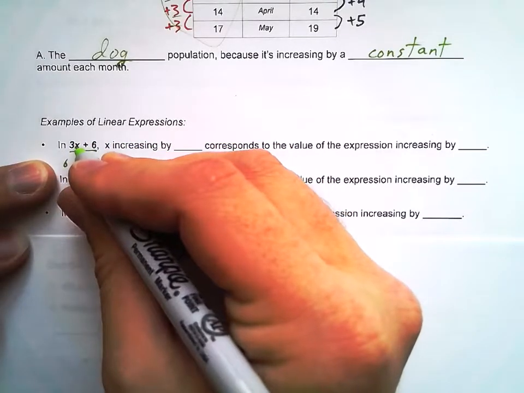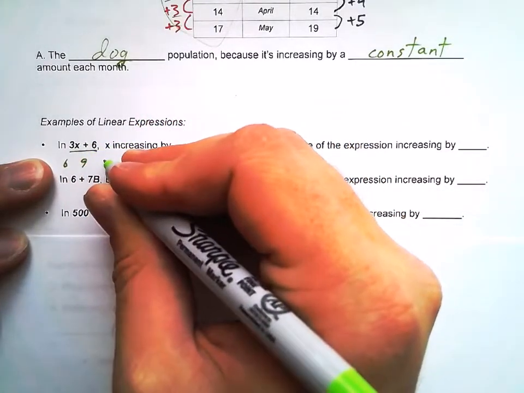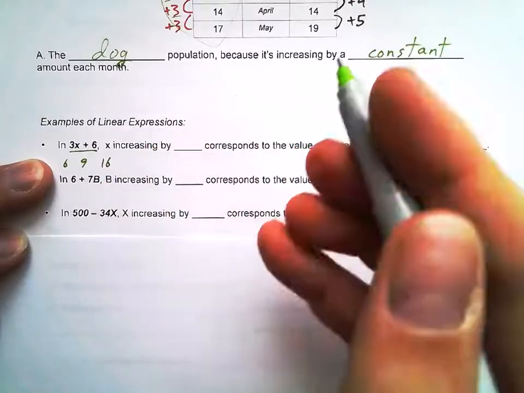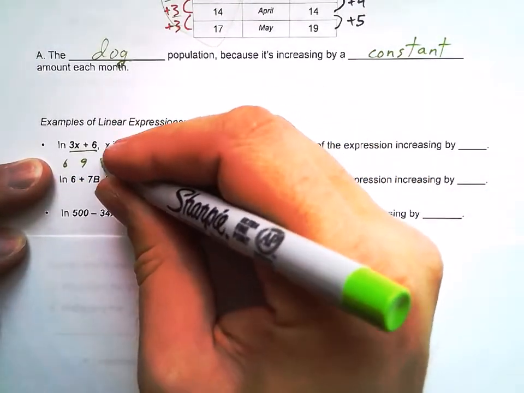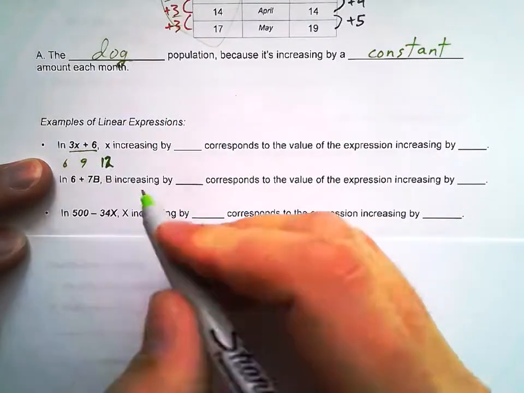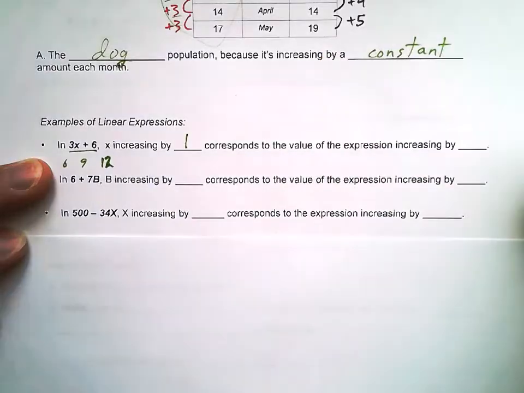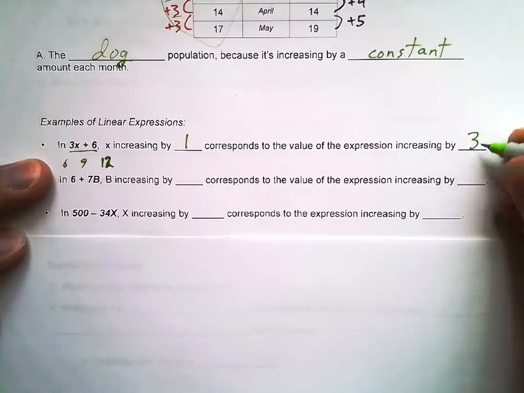If x was 2, you'd have 6 plus 6, which would be 12. It's going up by 3 every time. So x going up by 1 makes the expression increase by 3.